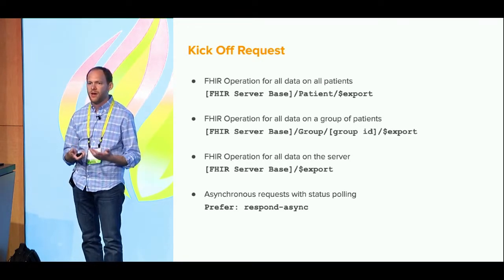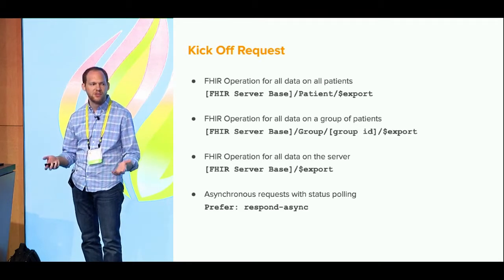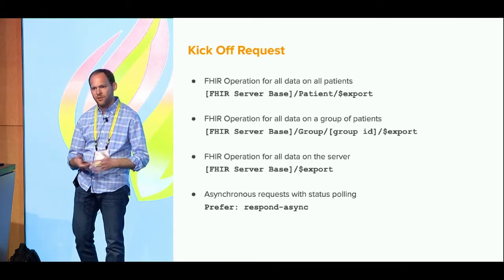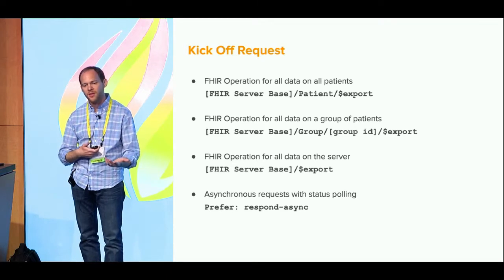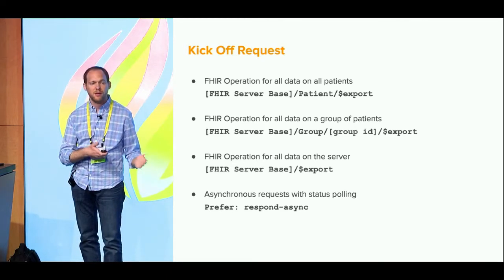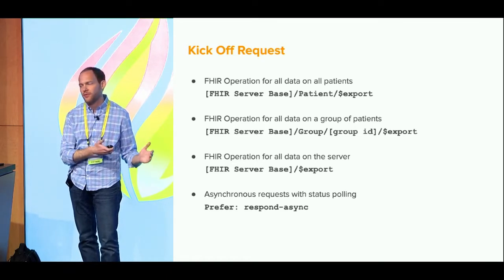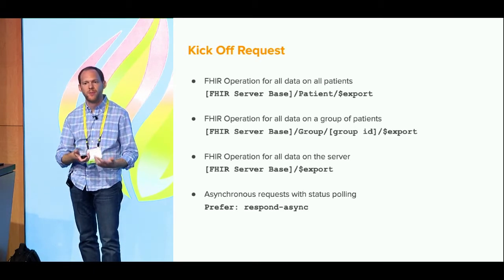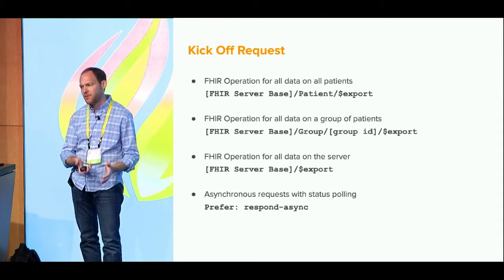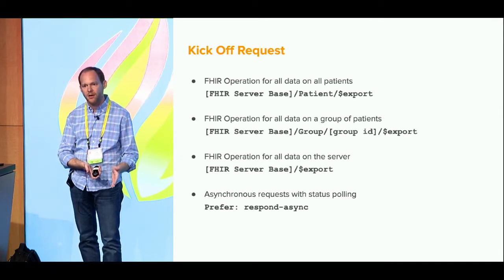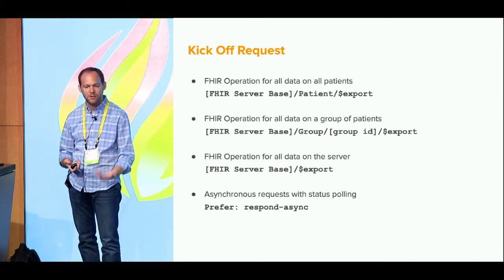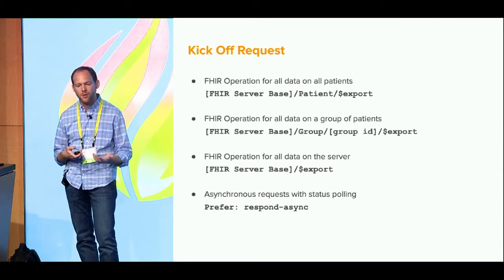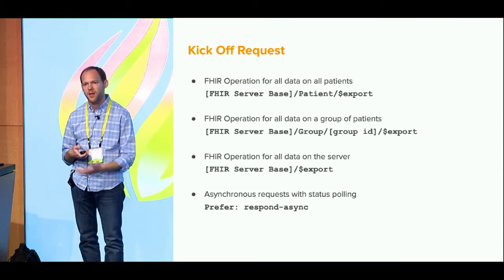And so you can imagine that would be useful for a payer that had a particular group of patients that they service or that are their subscribers, and you might only want to export data from that particular payer's group, or it might be a cohort of patients who are in a study. So you define these groups using the regular FHIR API calls, and then you can call $export to do the actual export.